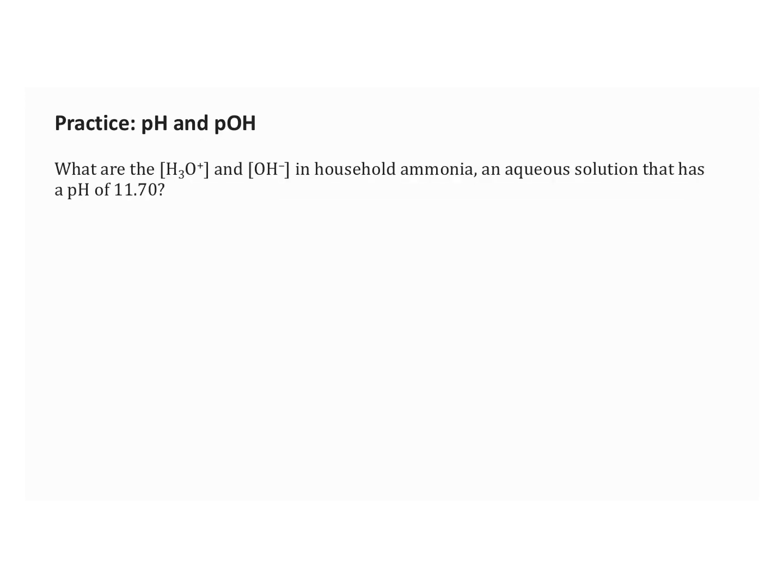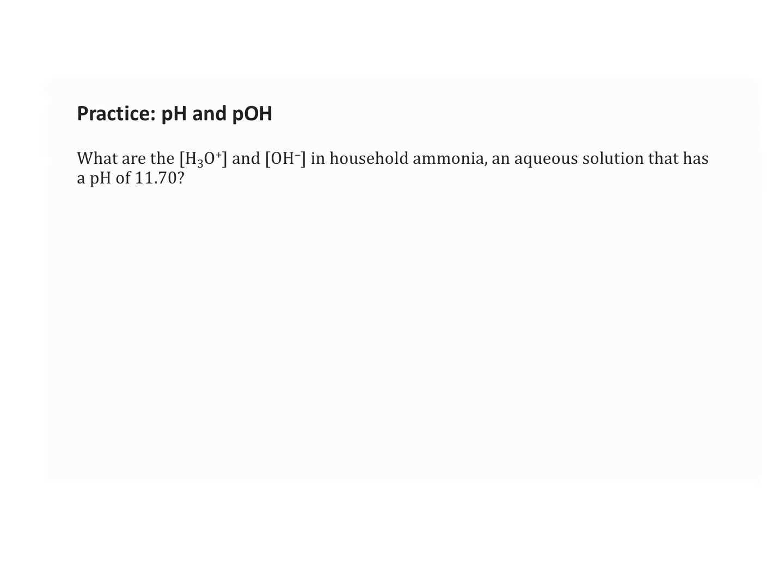So I want to do one more example. What's the H3O+ and OH- concentration of household ammonia, an aqueous solution that has a pH of 11.70? There are a lot of different ways we can do this, and so what I'm going to do is start with my H3O+ concentration because I'm given the pH value. I'm going to wait on OH-.